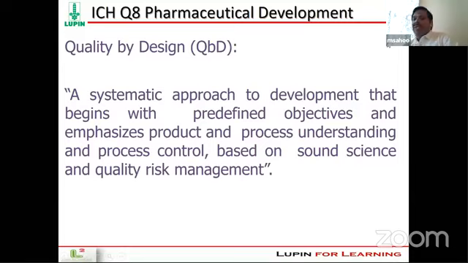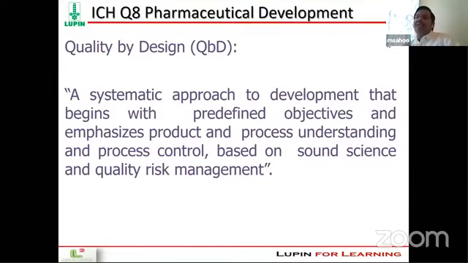That means it cannot be random. I don't wake up in the morning and say, okay, I'll do quality by design. You must have a plan, a roadmap, a protocol. Based upon that, you define what you are going to do. Many of you will be doing your masters and bachelors, and your professors will tell you that we need to develop or achieve this.